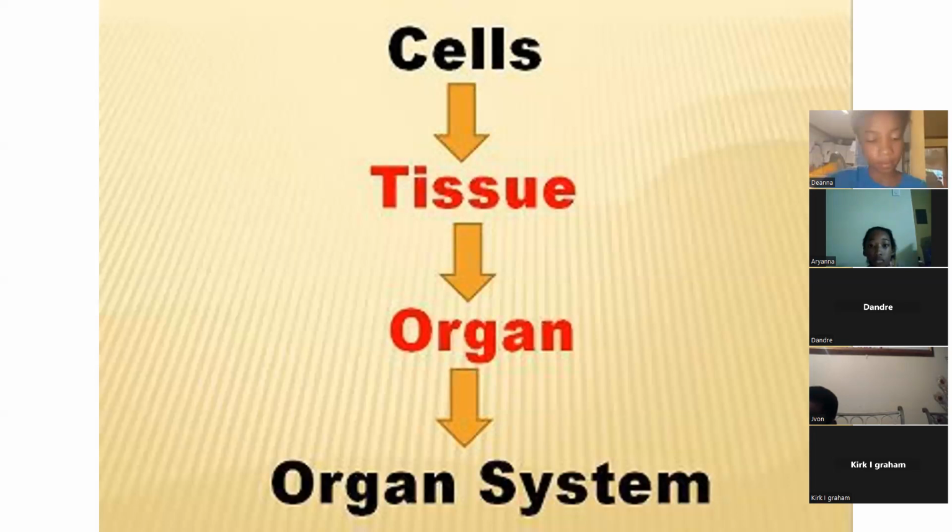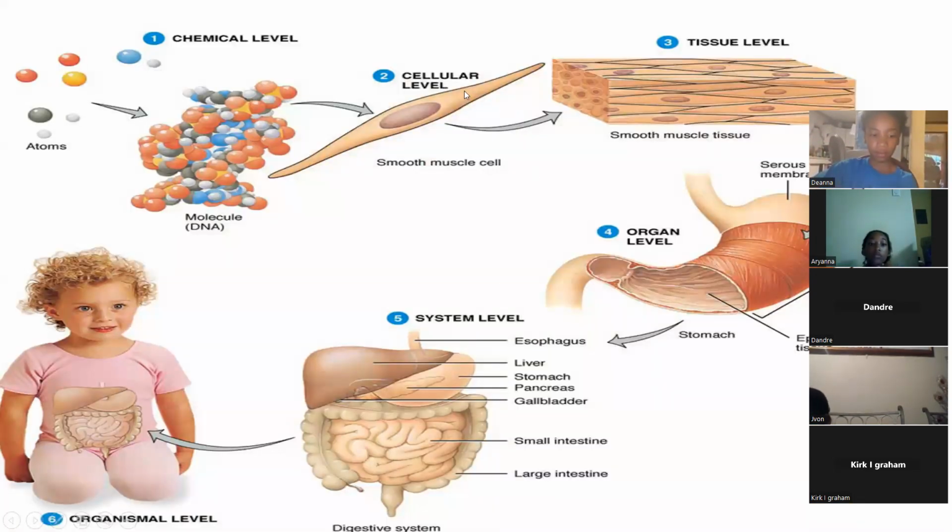So for example, if we look at this picture, we first have the cell. Then after the cell is the tissue. After the tissue is the organ.